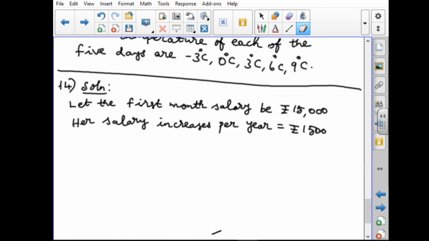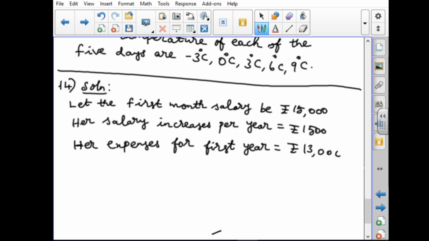Next one, her expenses for the first year equal to rupees 13,000.